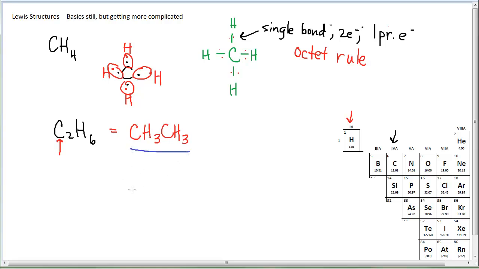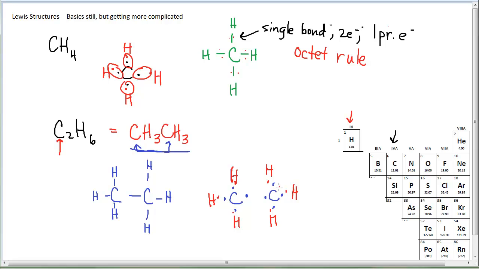The second way of writing it gives us some more information about the structure. What we see is that the carbon has 3 hydrogens surrounding it, and it is indeed attached to this second carbon, which also has 3 hydrogens surrounding it. I'm going to go ahead and connect the carbons and the hydrogens and connect the carbons with each other, and this is exactly what you would get if you started with a carbon with 4 dots.